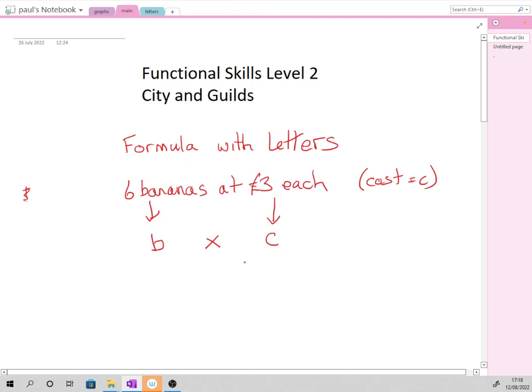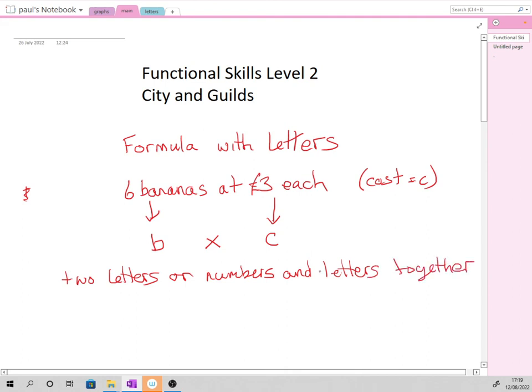Now, when we have two letters, or numbers and letters together, we don't use the multiply sign.